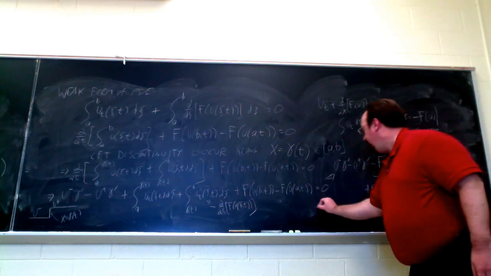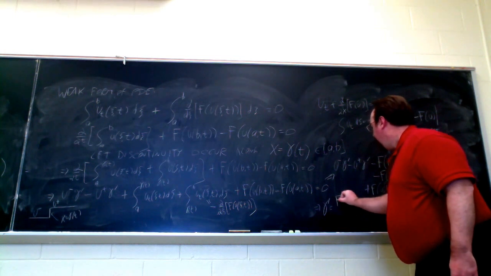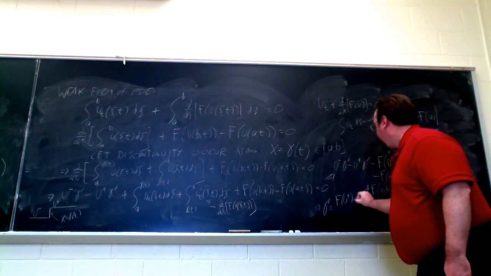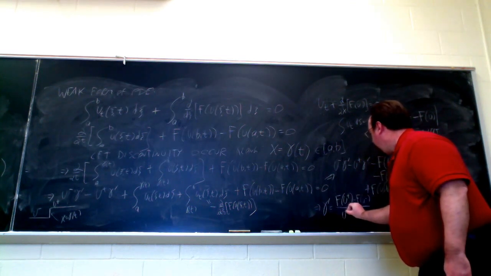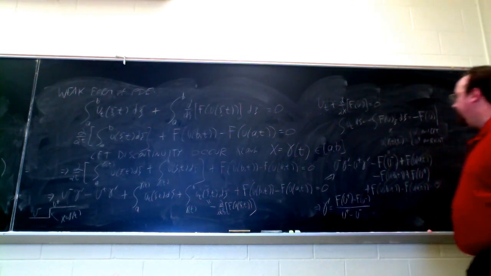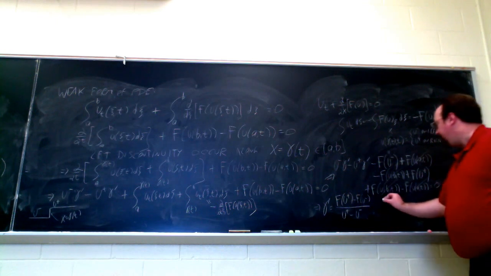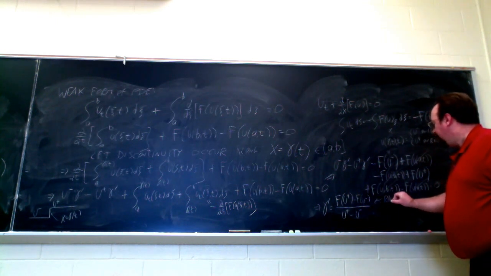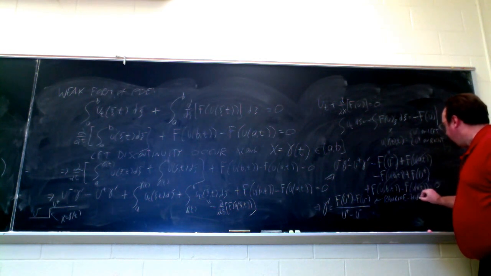When I do that, I get gamma prime is equal to big F of u plus minus big F of u minus over u plus minus u minus. Okay. And this is called the Rankine-Hugoniot condition.